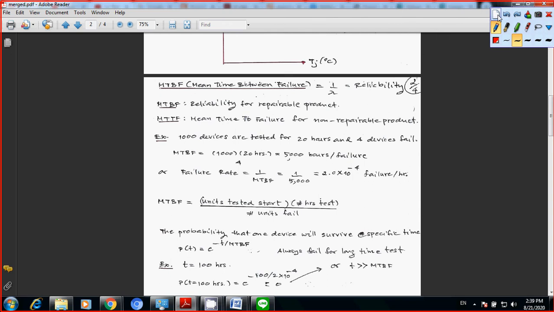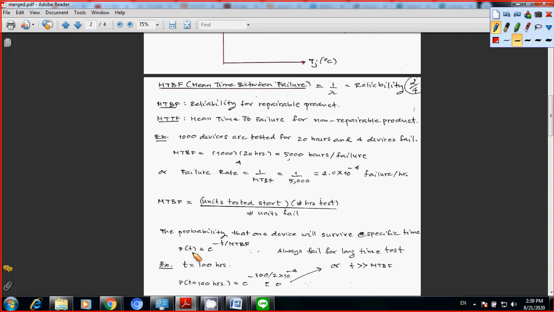Well, we have an equation. The probability that the device is still working when time has passed is P(t), where P represents probability and the lowercase t represents time. That's equal to exponential of negative t over MTBF.